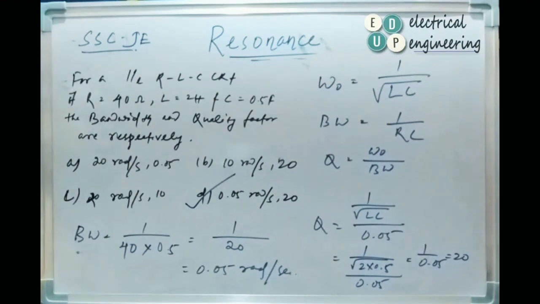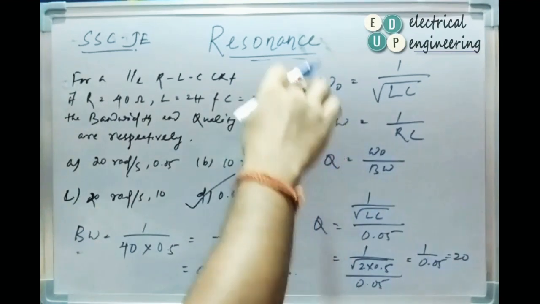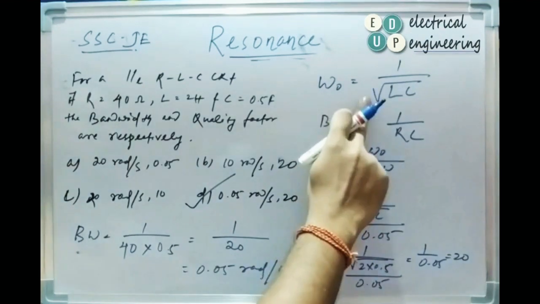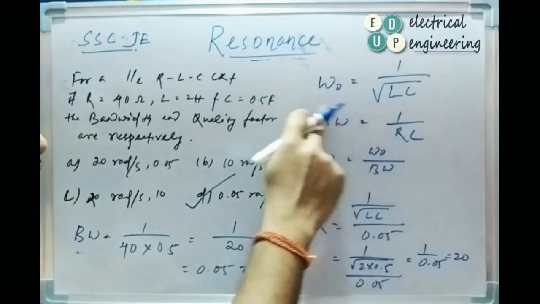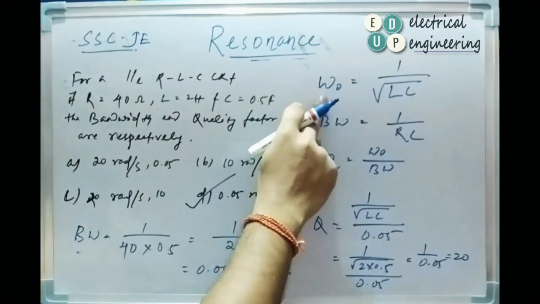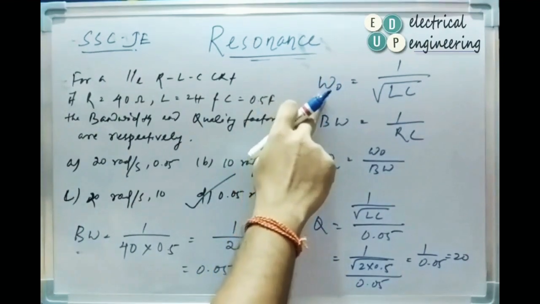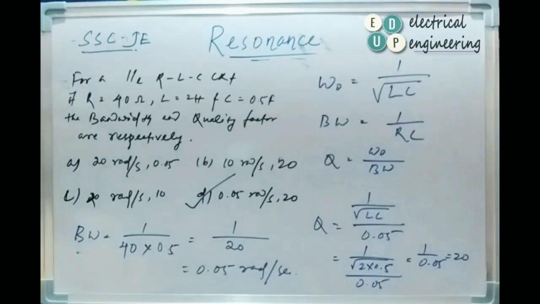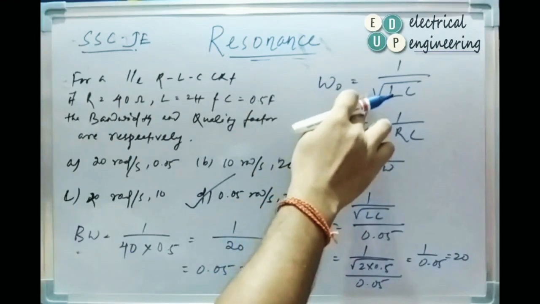So omega naught is the angular frequency 2 pi f. That's why I am not writing 2 pi here, because 2 pi is already included in this omega naught. If I write frequency f naught, then I will write 1 by 2 pi root over of LC. Here it is omega naught, that's why 2 pi is absent.